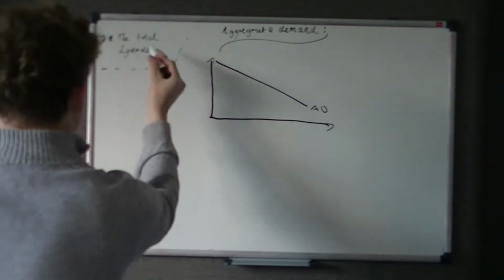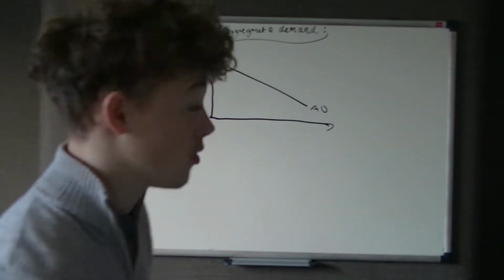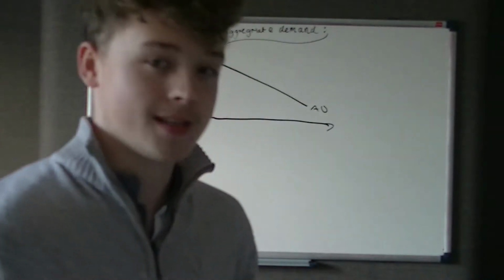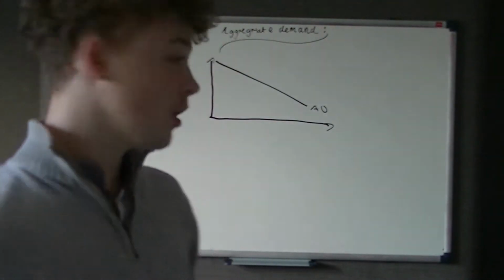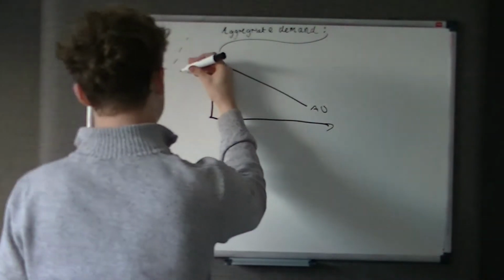Whereas if it's the total spending, it's a variety of different products. So instead of saying price level, we call it average price level.